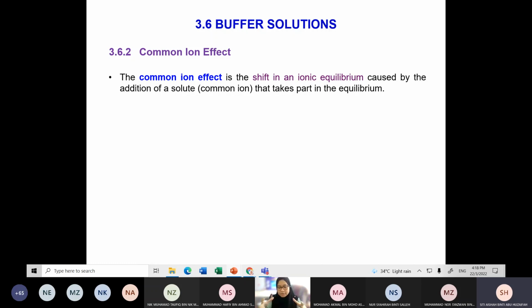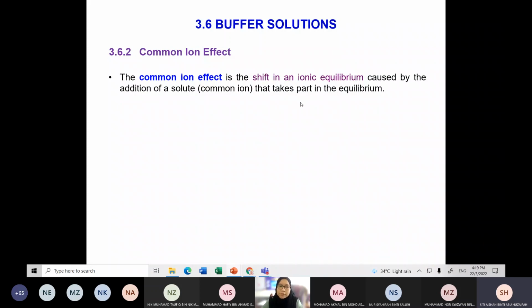So what will be the consequences of adding the same ion as what we have in the buffer system? Obviously, it will cause the equilibrium to be disturbed.